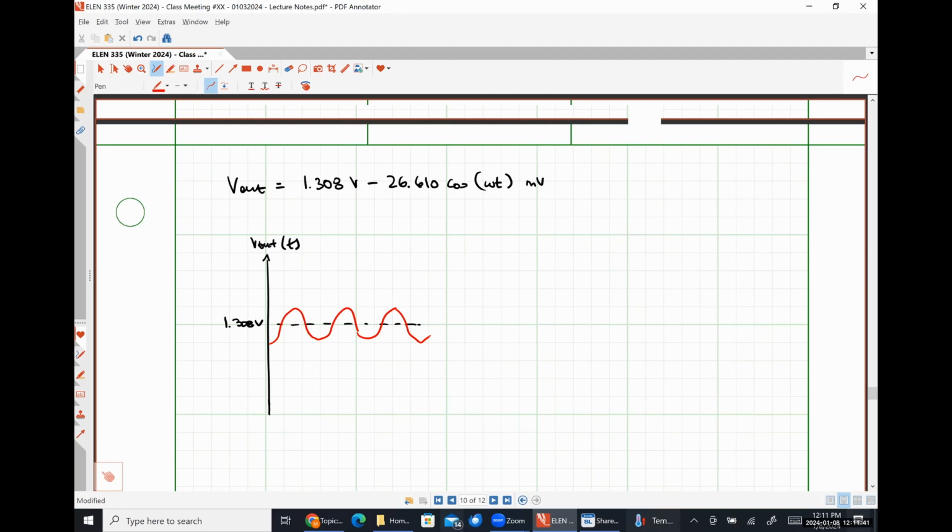So most of the amplifiers that we've dealt with to this point are op amps and all that kind of stuff, where if we put a sinusoidal input signal in, we get a sinusoidal output signal out that's centered on zero.